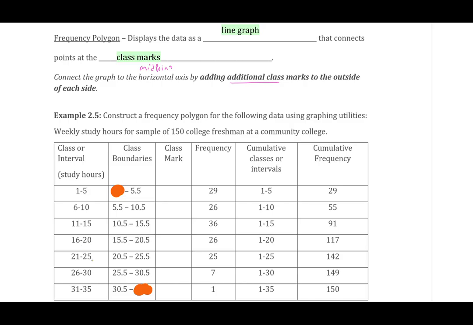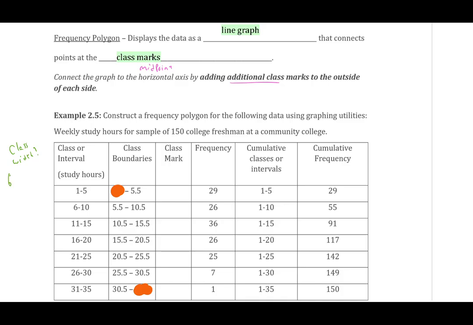Quick recap from a previous video. What is the class width for each of these classes? Is it 4, 5, 6? It is 5. Remember that the class width is always the difference between the lower limit of 2 consecutive classes. It could also be the upper limit of 2 consecutive classes.